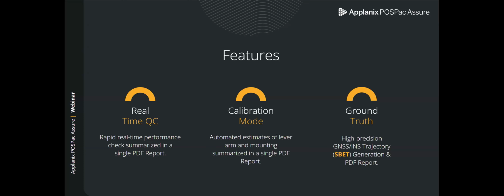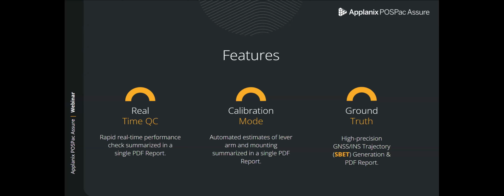You can just load that into POSPac Assure, and you get a tailored PDF report back with a bunch of plots, such as what the RMS values are for position and orientation, what was the satellite coverage, what was the signal to noise ratio, what was the acceleration on the system, et cetera. That's all stuffed into this PDF report.